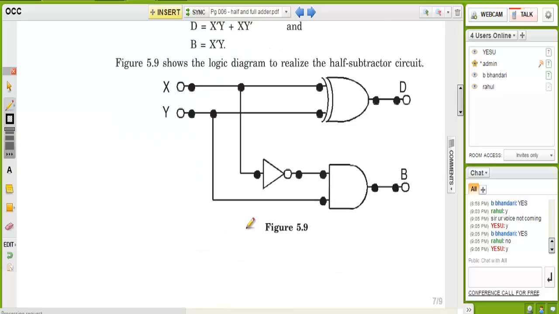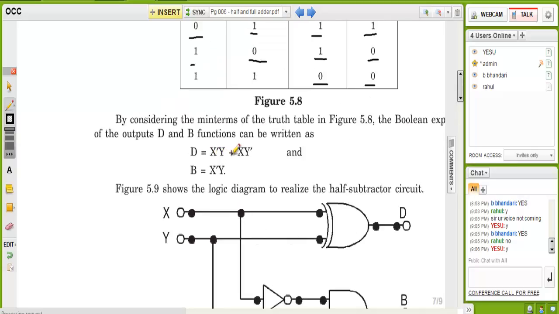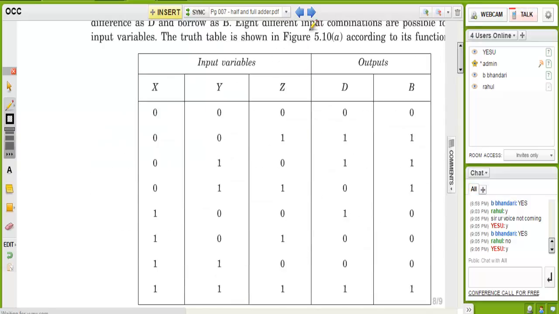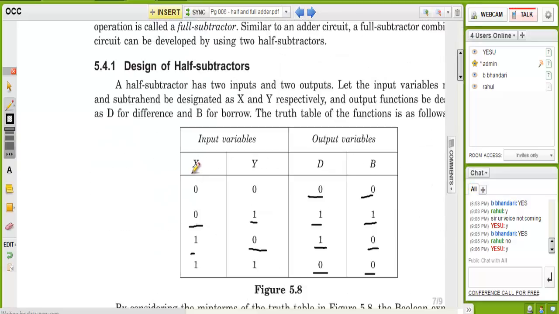Now if you want to see how this x bar y and x y bar come, then we have to make a Karnaugh map. So make a Karnaugh map with 2 inputs here.